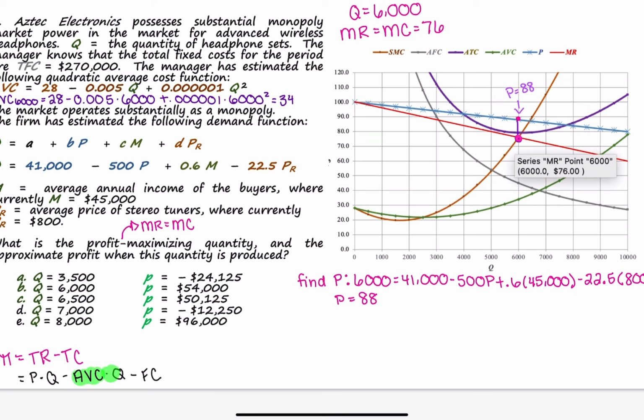which is roughly 0.14. Our Lerner index is also defined as 1 over the negative elasticity of demand. So we can use that to solve for our elasticity of demand. So 0.1363 equals 1 over the negative elasticity of demand.